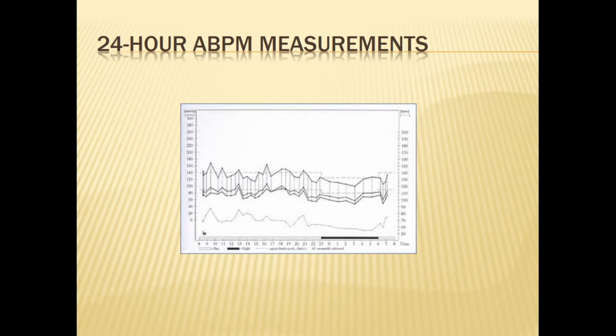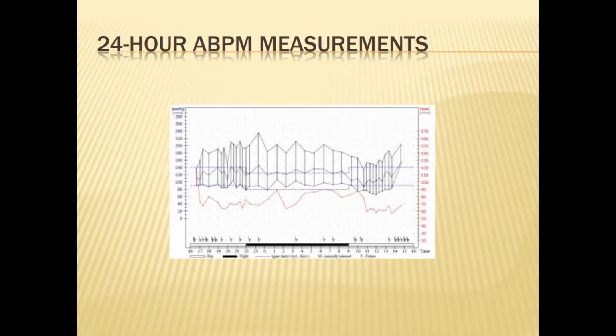And to compare, I want to show you the result of 24-hour monitoring for a patient with hypertension. You see, systolic BP is very high all the time, around 200, and diastolic is also elevated.